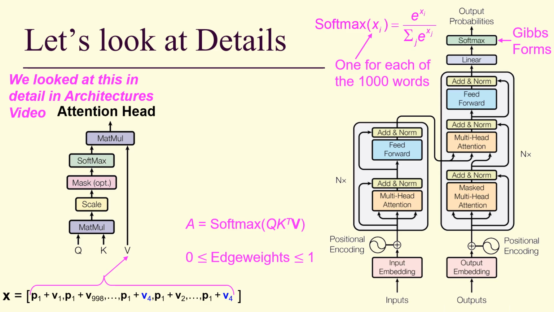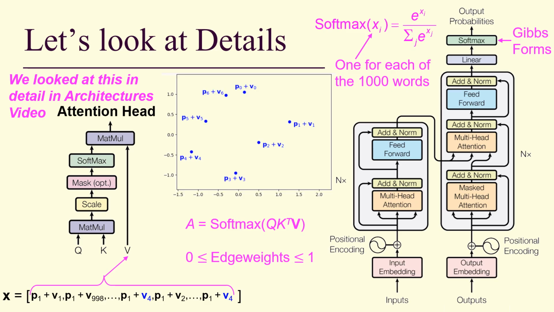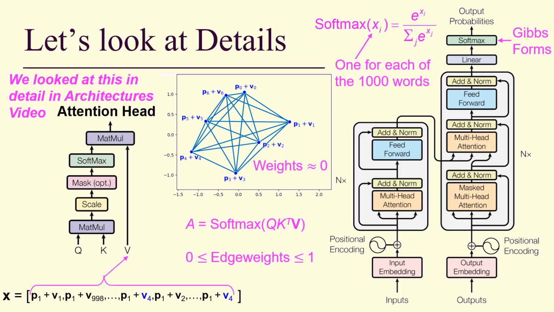Then we do a matrix multiplication of this form. Notice we have X at the beginning and X at the end. That means we're looking at the word position combinations with respect to themselves. We take a softmax when we do that, and that softmax gives us numbers between 0 and 1. We think of these as edge weights. Here was our positional encoding, and we want to think initially that we have an edge between every one of these points.